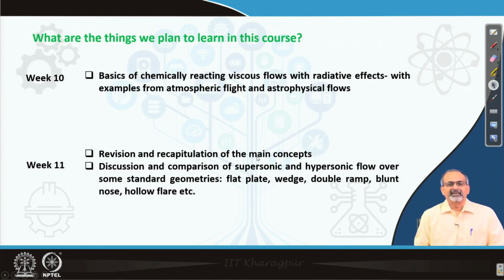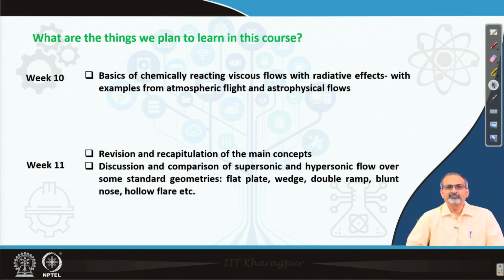Beyond that, in week 10 we will look at basics of chemically reacting viscous flows with radiative effects, with some examples from atmospheric flight and astrophysical flows. The astrophysical flows we will discuss in a few minutes from now, but the basic idea behind this week's content is that when the flow is considered to be viscous instead of inviscid, we are trying to bring in some transport phenomena which are going to make a difference.